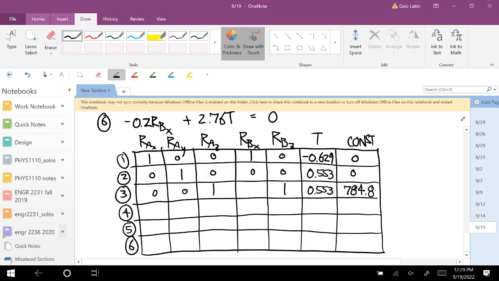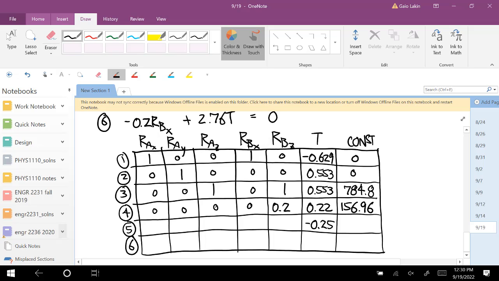All right. Equation 4. RBZ is 0.2. T is 0.22. Constant is 156.96. Okay, equation 5. T is negative 0.25.